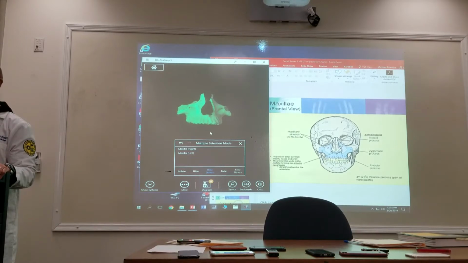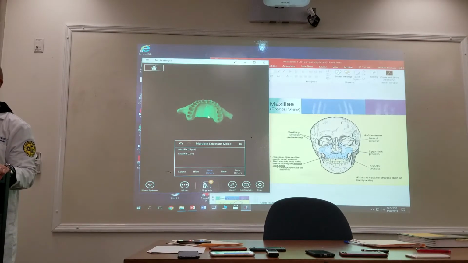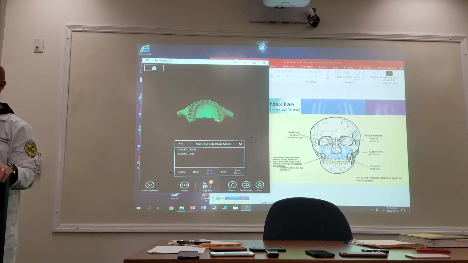Okay, and then if you look underneath, this last part here is the palatine process of the maxilla. Okay, there's one more area over here that forms the roof of the mouth, and that's a separate bone that we'll cover later on. But that's the palatine bone that's going to cover the rest of the roof of the mouth. The palatine bone goes right here.